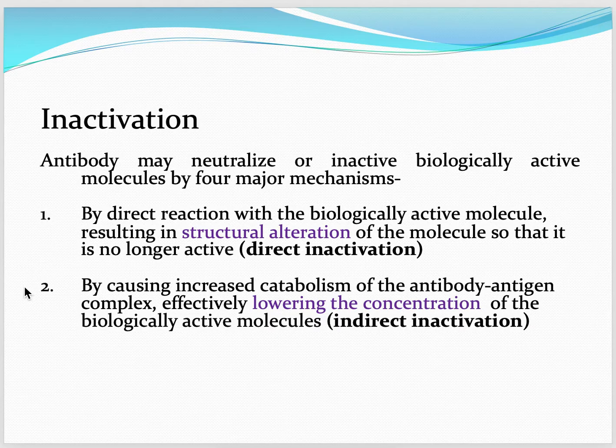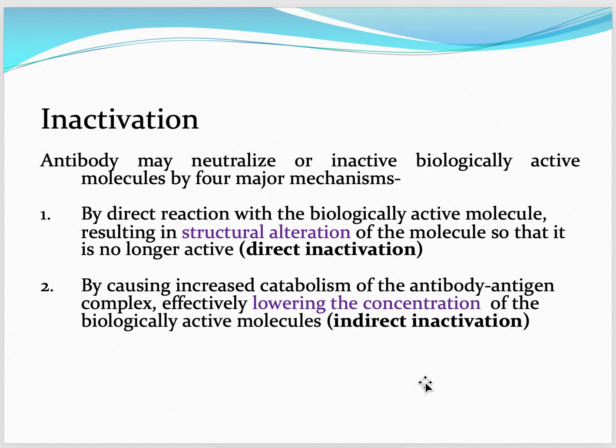Second mechanism, indirect inactivation, by causing increased catabolism of the antibody antigen complex, which effectively lowers the concentration of the biologically active molecules. In this case, the antibody doesn't alter the structure of the active molecule. Rather, the catabolism of the antibody antigen complex increases, meaning they get phagocytized or lysed quickly.